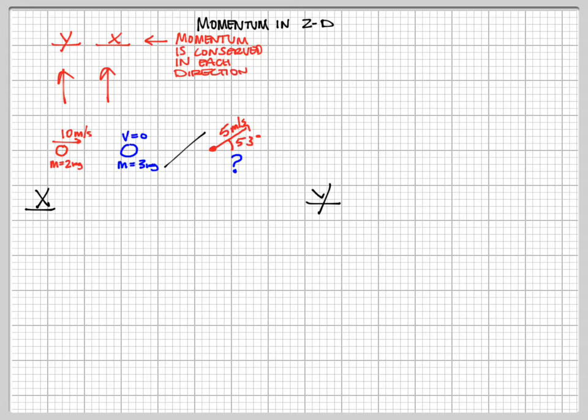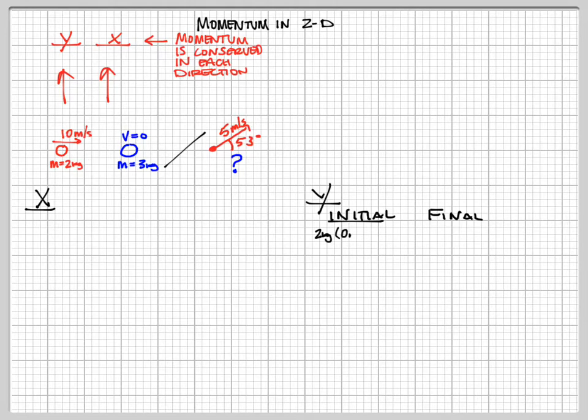You know what's going to be easy? Y direction stuff. So, we're going to say initial, then final. In the y direction initially, the velocity of object 1 with his mass of 2 kilograms: how much velocity does he have in the y direction?